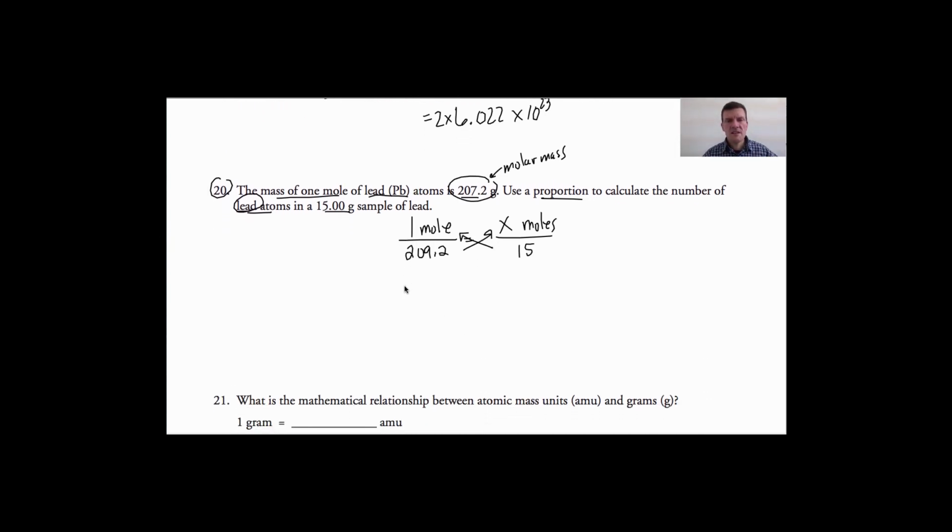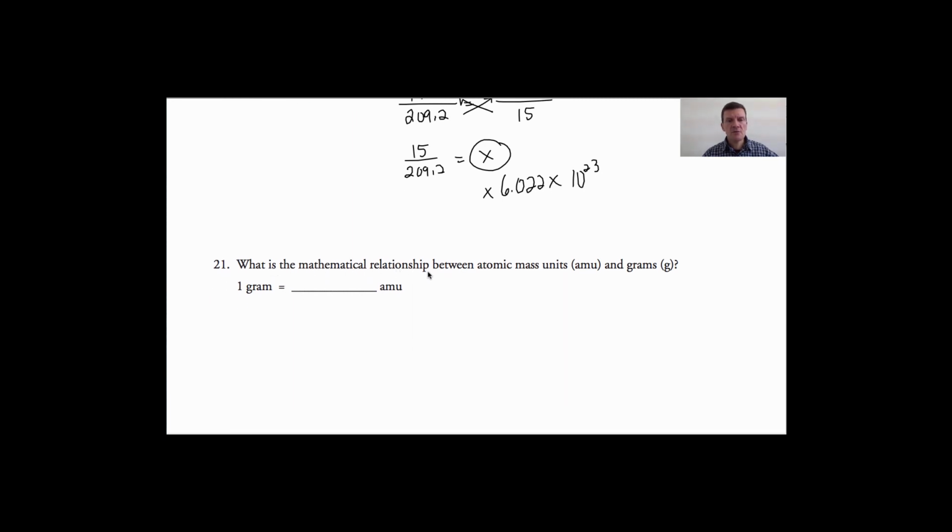So we're going to have basically 15 divided by 209.2 is going to give you your number of moles. And that's going to be a decimal value. It's going to be a fractional number of moles. And then if you want to find out how many actual particles that is, you're going to take this value here and multiply by Avogadro's number, if you want to actually find out how many atoms. Okay?